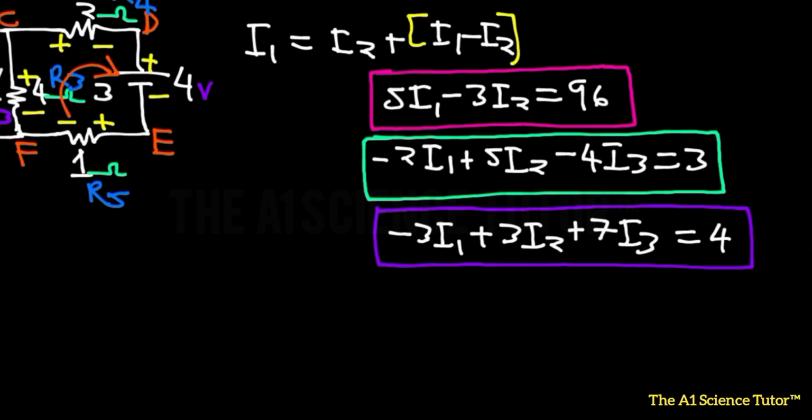So I1, which is the first current, I'm just going to write it here. We got 29.446. Let me take it down. So this is what we have.